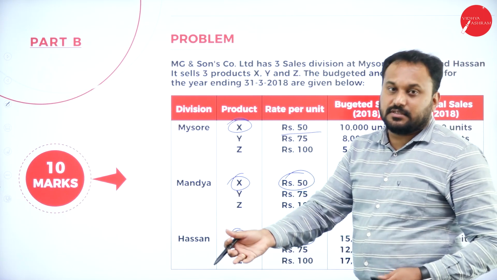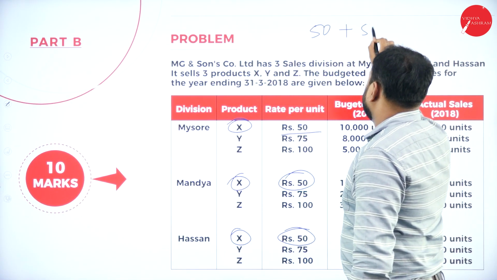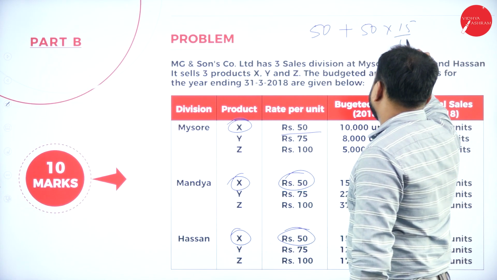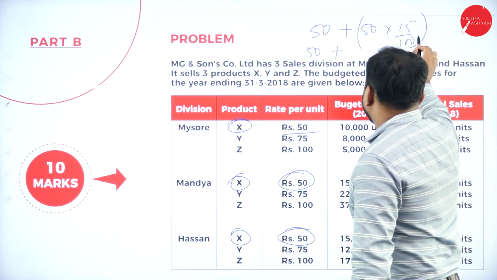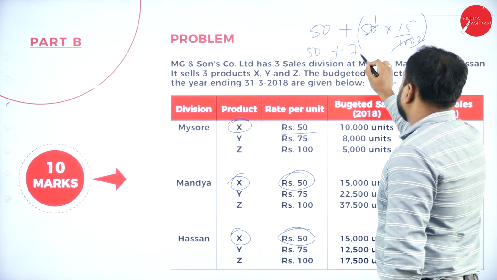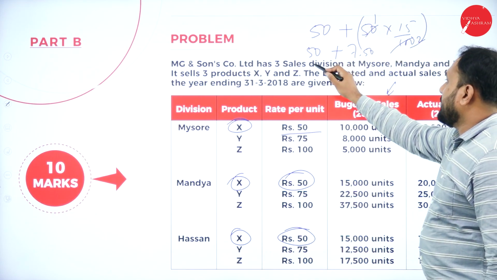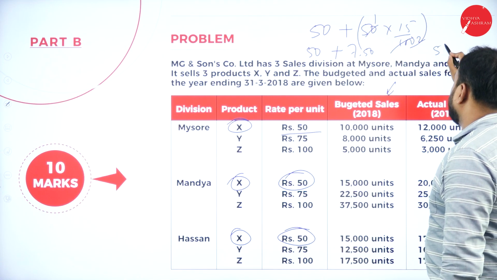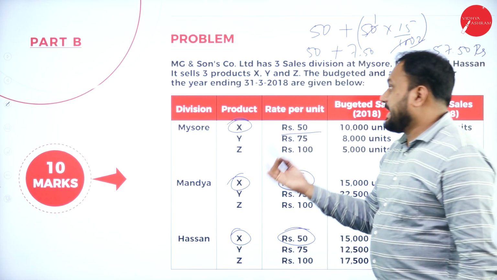Add 15%: 50 plus 50 into 15%, which is 7 rupees 50 paisa. So 50 plus 7 rupees 50 paisa is 57 rupees 50 paisa. That will come to the 2019 price.